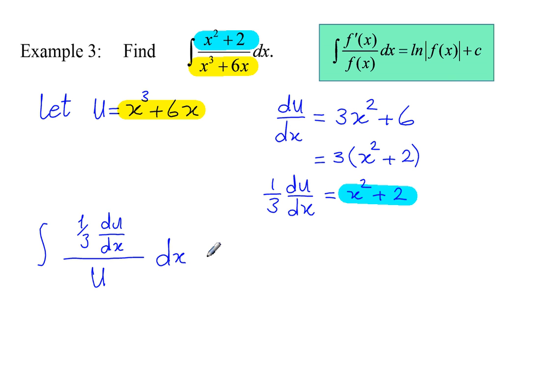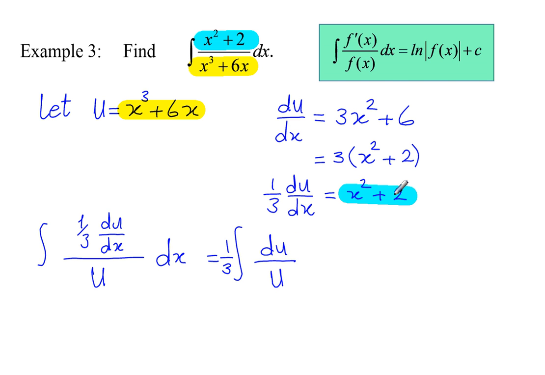But let's rewrite this. Now 1/3 is a constant, so it can be written outside the integral sign. And then du by dx with respect to x will end up being du over u.